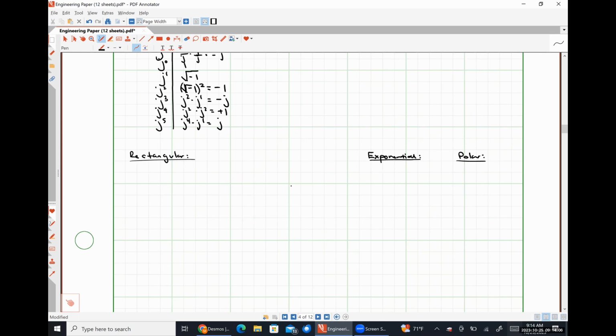Here in the middle of my screen, I'm going to draw a complex plane, where the horizontal axis is my real axis and the vertical axis is my imaginary axis. So you can think of a complex number as a two-dimensional vector.